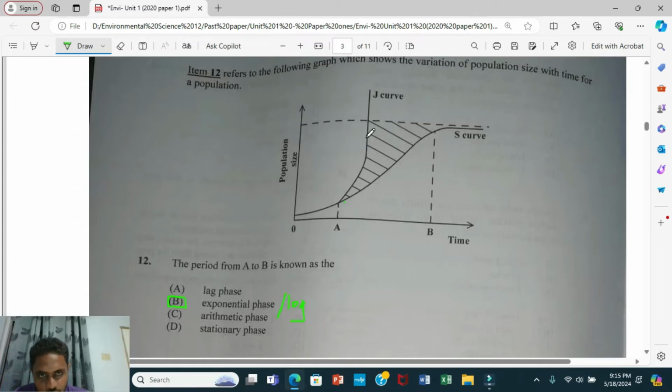The straighter, the more vertical the curve gets, the more rapidly the population size is growing. This line is just faster, but the whole shaded area here is the exponential or growth phase. So A would be the log phase, which means the population is about to start growing right here.